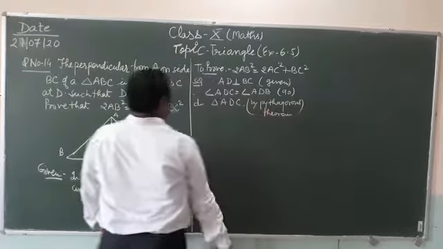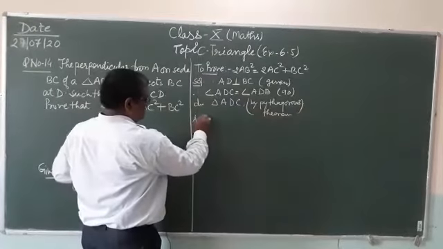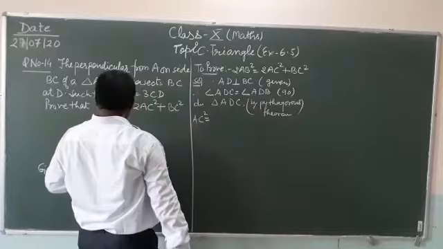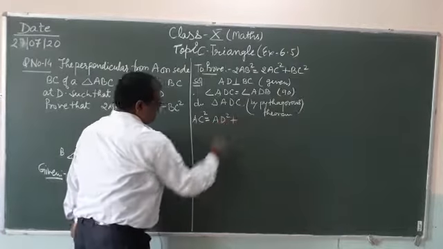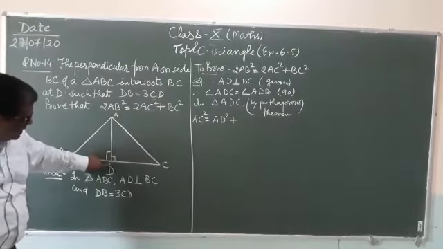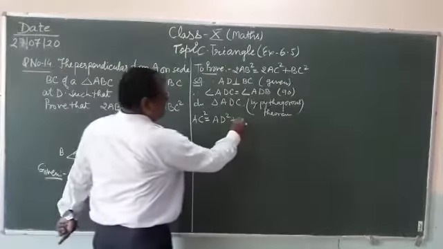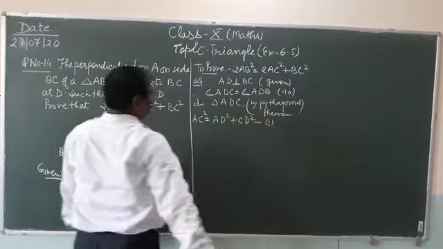What does it say? AC square is equal to AD square plus CD square. This is equation 1.